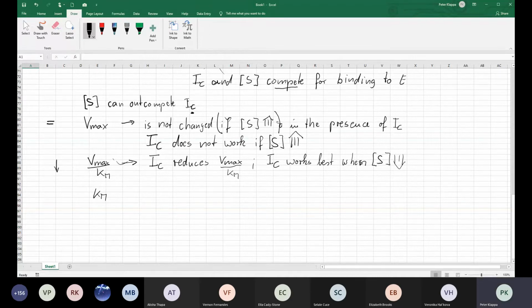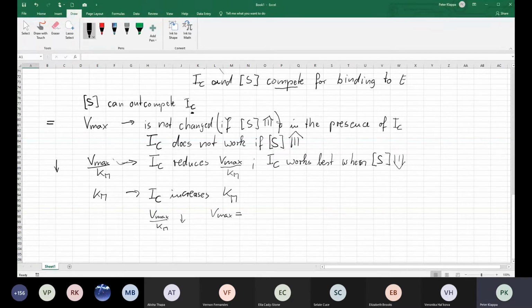You're absolutely right. Km has to go up. Km must go up. IC increases Km. It must go up because we can deduce that from the Vmax over Km. We said this goes down, but we also know that Vmax stays constant.